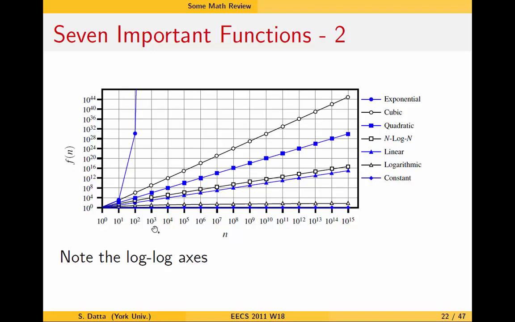For example, take the quadratic function here and the linear function there. Both of them are straight lines. A linear function you'd expect to be straight, so why is the quadratic function a straight line? Because once you take logs, log n squared equals 2 log n, and the axis is logarithmic.